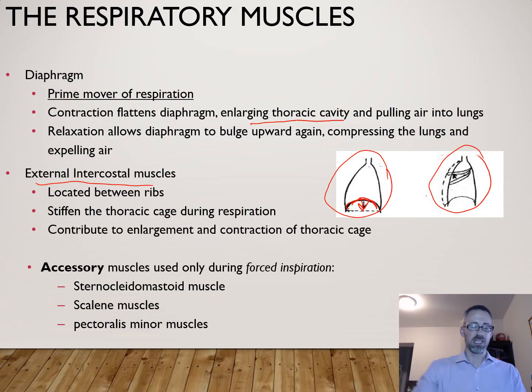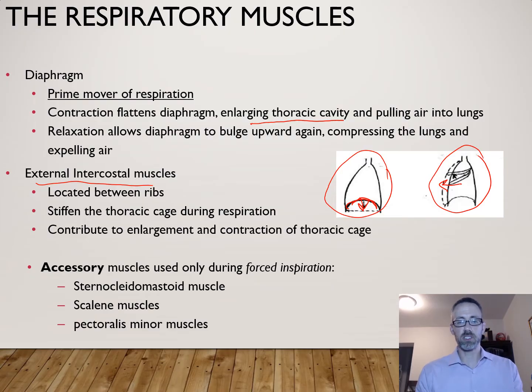What happens is that increases the diameter of our thorax in this direction, which helps to expand the thoracic cage. So we're expanding it outward with the external intercostal muscles and the diaphragm, which pulls downward. You have to remember the external intercostals help us to inhale. These are muscles located between the ribs, and they help to elevate the ribs.